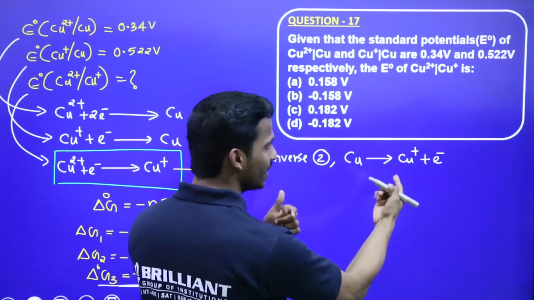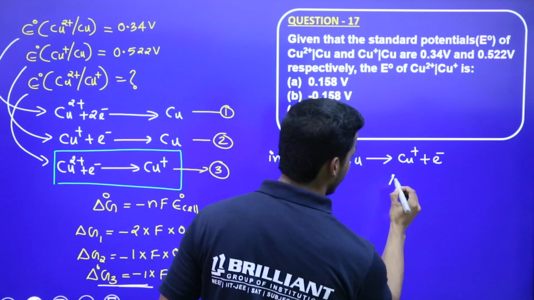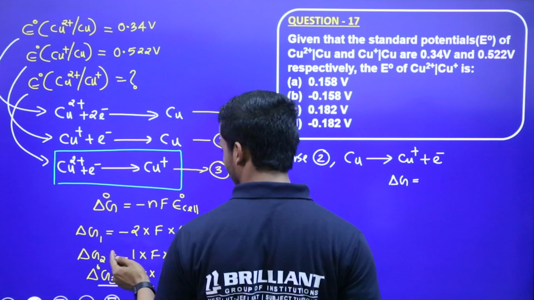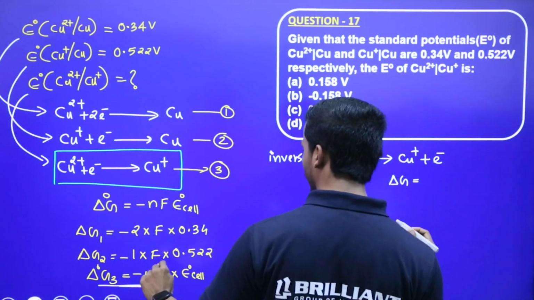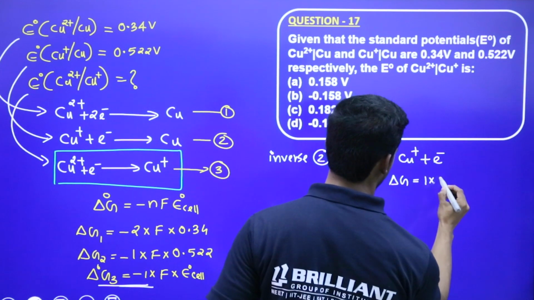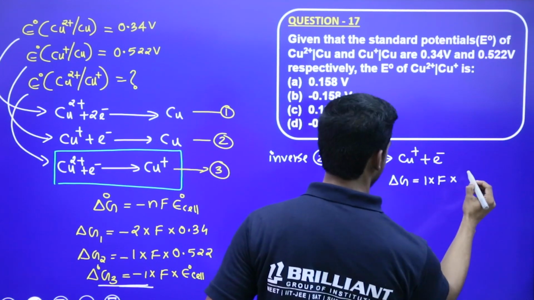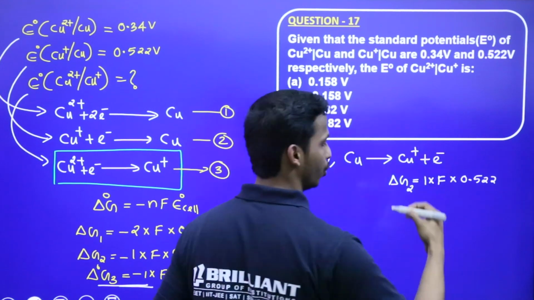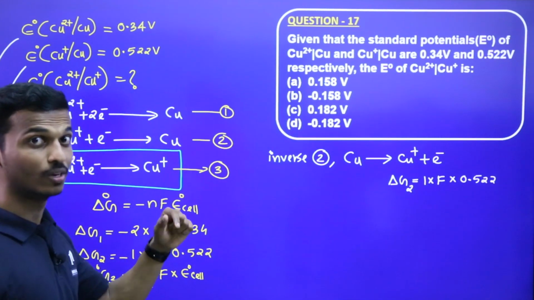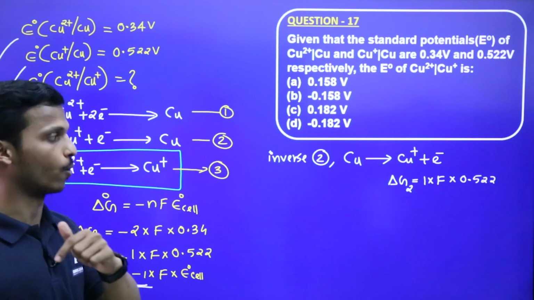If you inverse the equation, the delta G value also inverses. For the second equation, delta G is a negative value, while inversing it becomes positive. So plus 1 into F into 0.522 is the new delta G2 value, because when you inverse, the opposite sign is also applied.